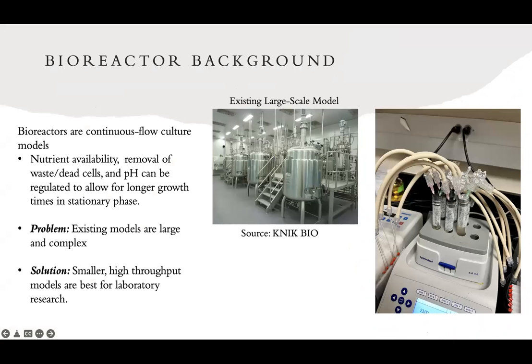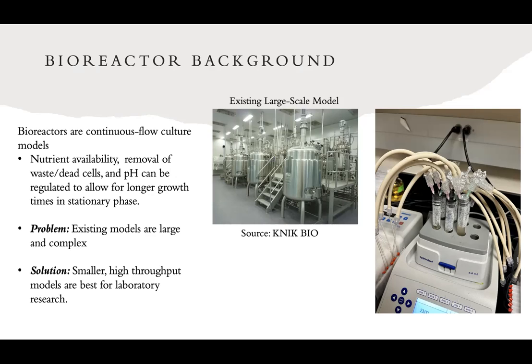All right, a little bit of background. This central picture you see is the existing, more commonplace large-scale bioreactor model. You can see how large those are. They are commonly used in some labs, but also a lot of food industries, and they aren't as easy to control for small controlled laboratory experiments, such as what we are interested in focusing on.